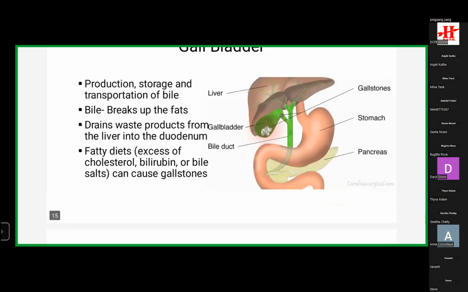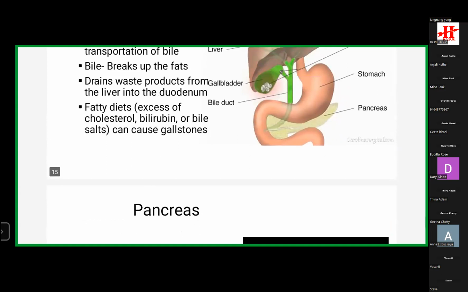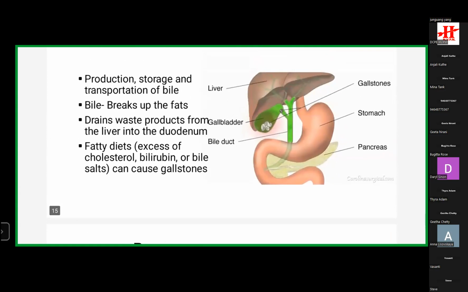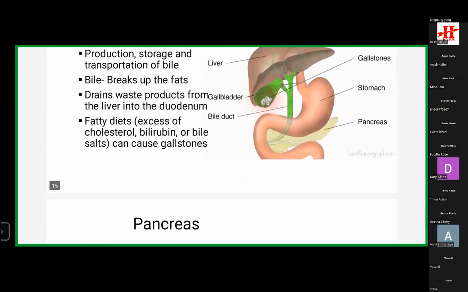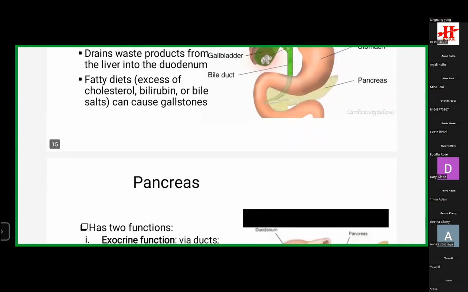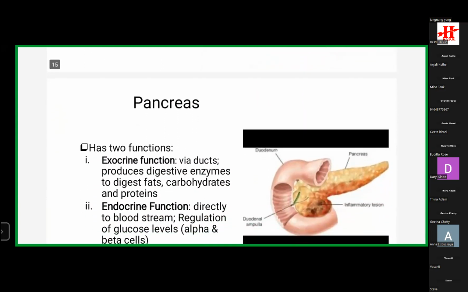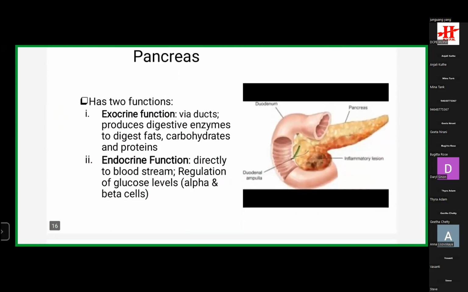So, the gallbladder. So it is clear where the gallbladder is located, what its shape is, the biliary tract and the main function of the bile juice.